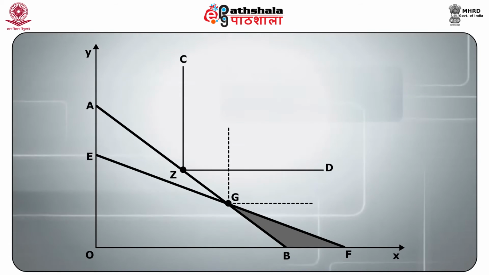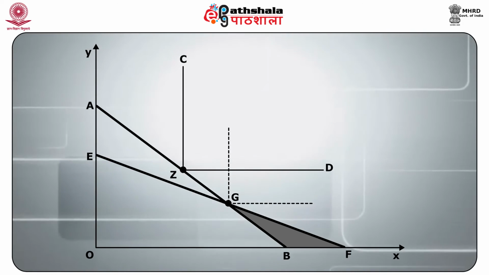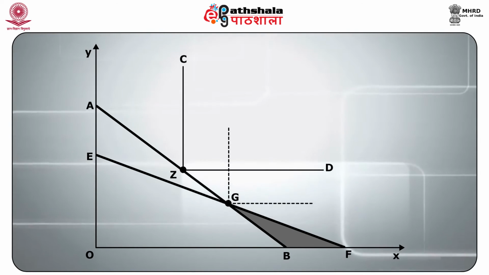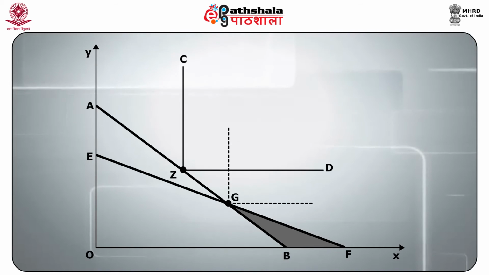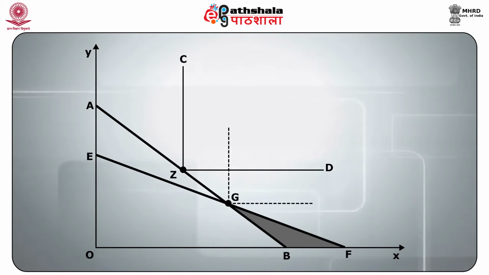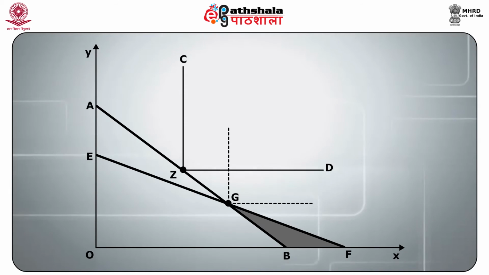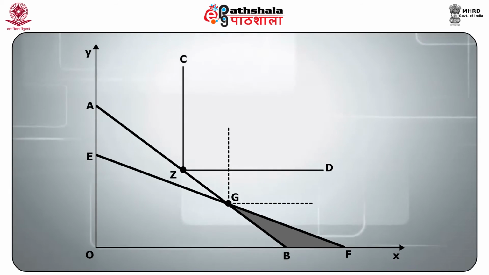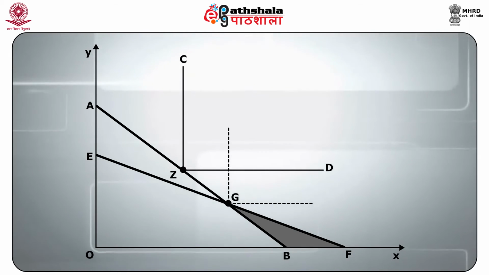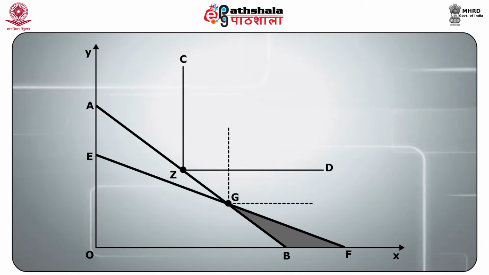Since these points on EG would imply inconsistency of choice because it is below the original budget line, hence they are inferior to G. Assume that the consumer chooses G. Using the transitivity assumption, we can say that Z is preferred to G in the original situation, G is preferred to GBF in the new budget line situation, hence Z is preferred to GBF.